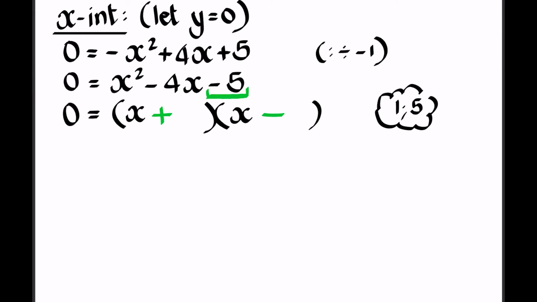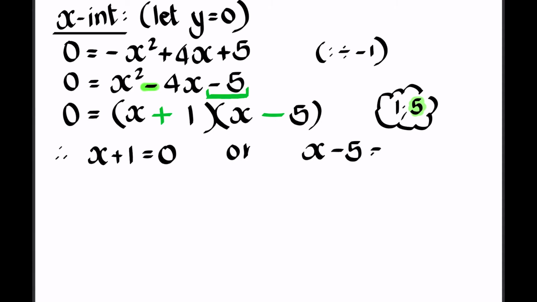How do I decide which one gets the negative? Well, I look at my middle term. My middle term is negative, which means the bigger number gets the middle term sign. So it's 5 and 1. So we have x plus 1 equal to 0, or x minus 5 equal to 0. If x plus 1 is equal to 0, x is equal to -1. And if x minus 5 is equal to 0, then x is equal to positive 5.